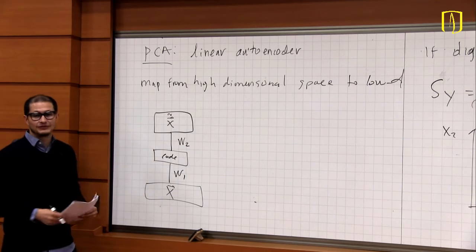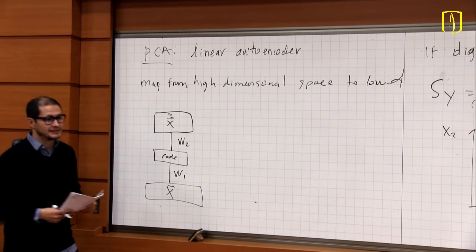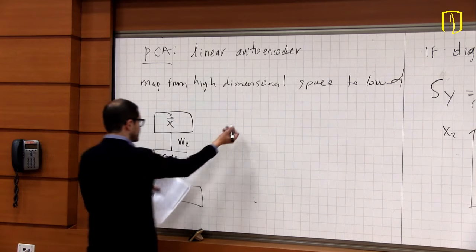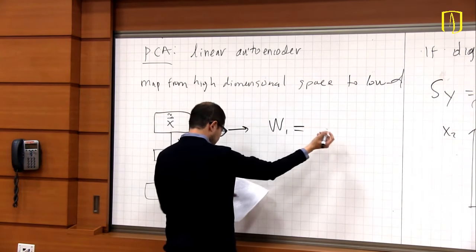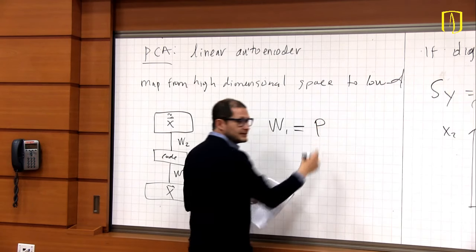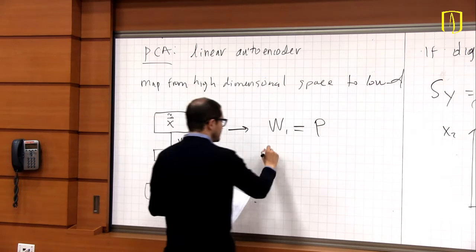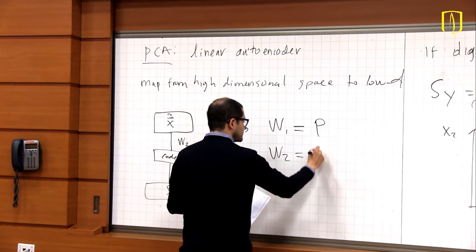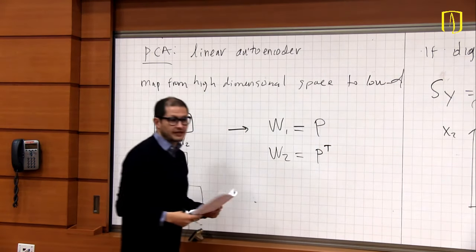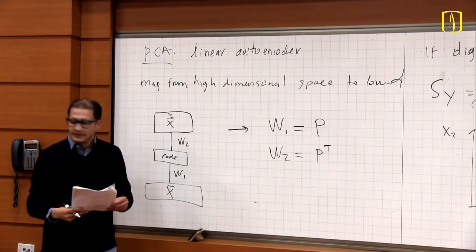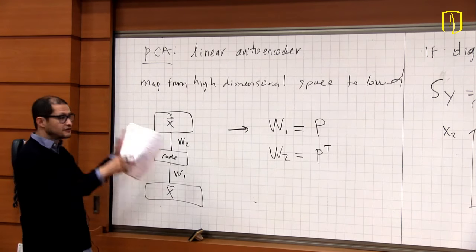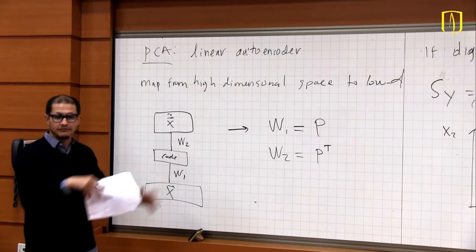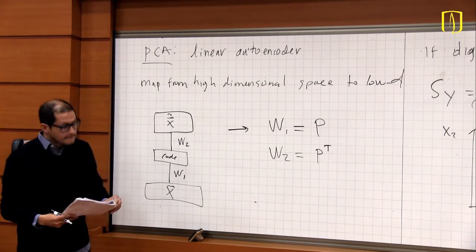Then you're doing exactly PCA. What you find is this: W1 turns out to be P, the principal components, and W2 is P dagger, P transpose. So that's a third interpretation out of which you can start the whole thing and get to the same point.